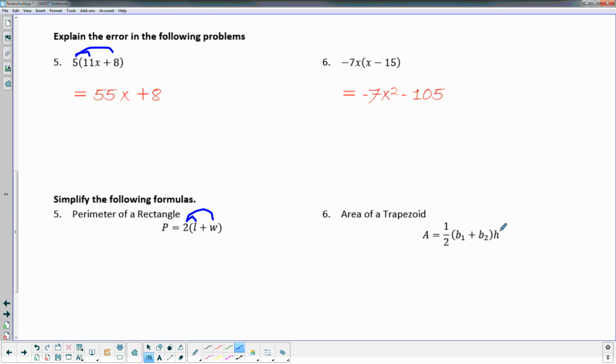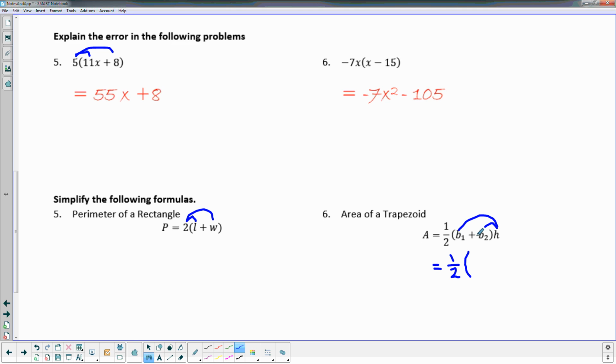So maybe just as a hint, I'm going to distribute the h. Not that you would do it first or have to do it first. It's okay either way. You could distribute the h first, you could distribute the 1/2 first. It really doesn't matter. And even with that, it doesn't really matter the order that you write it in.